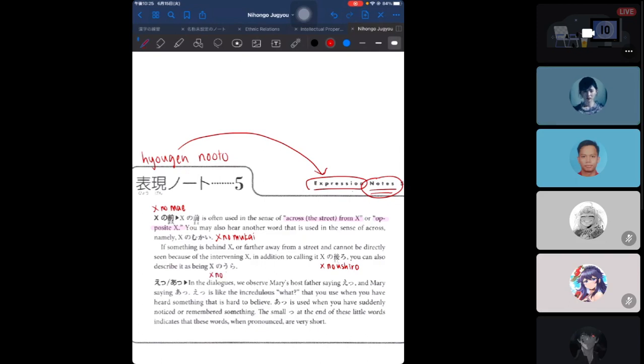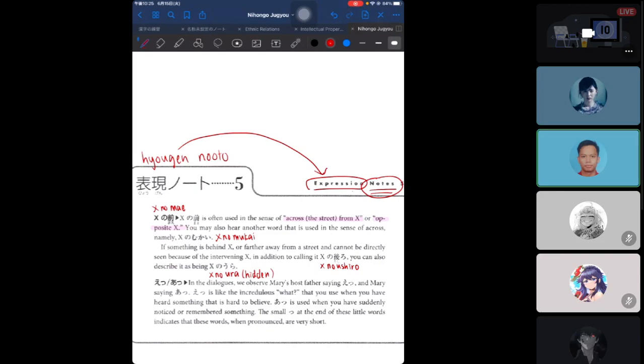Ura is like behind somewhere, far and kind of hidden, hidden from the normal view. Maybe there are a lot of shops, and sometimes there are also shops behind the shop. So you can say ura, because ura is something quite hidden that you can't really see.